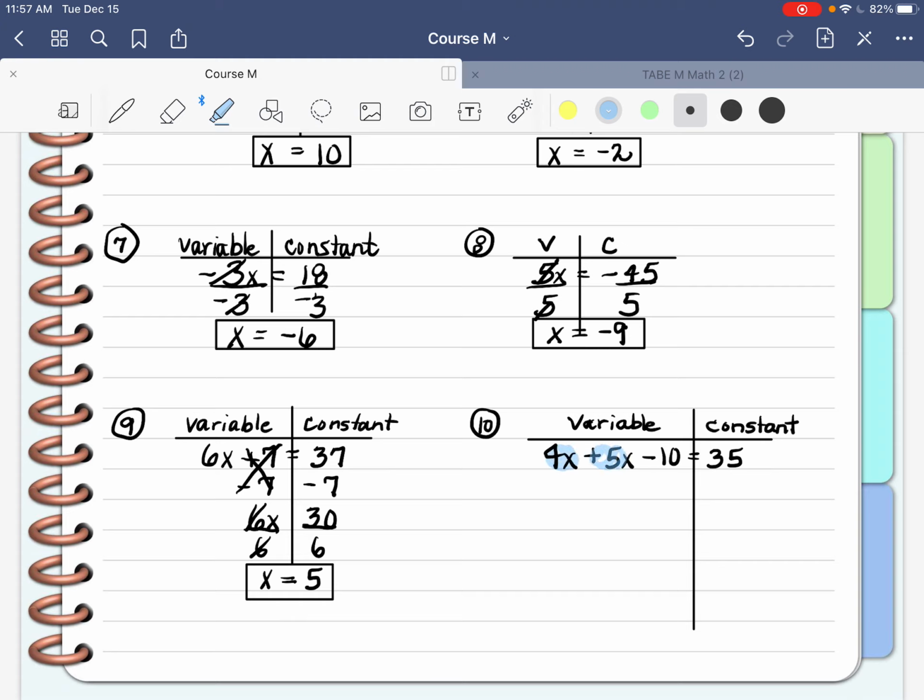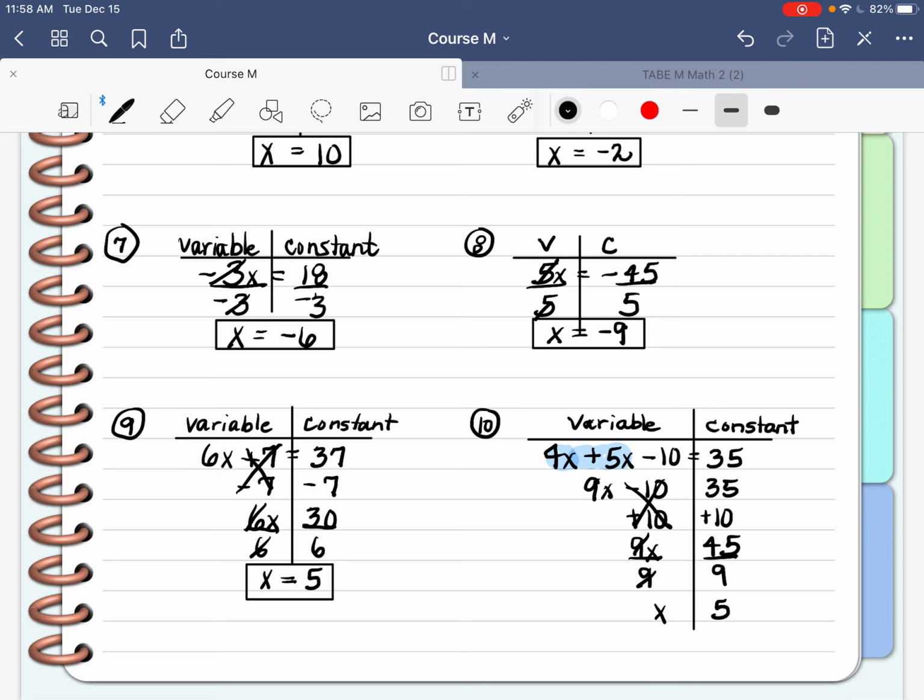The 4x and the 5x need to be combined to get 9x minus 10 is 35. Then I will add 10 to both sides. I'm left with 9x and 45. Then divide both sides by the coefficient 9. X is 5.